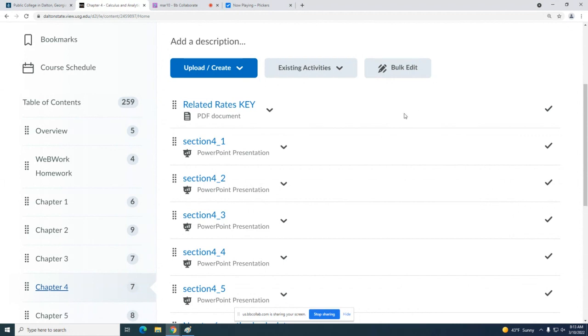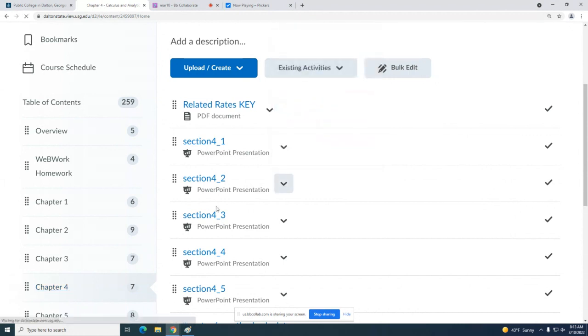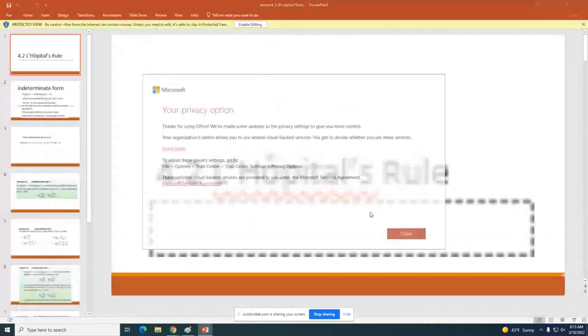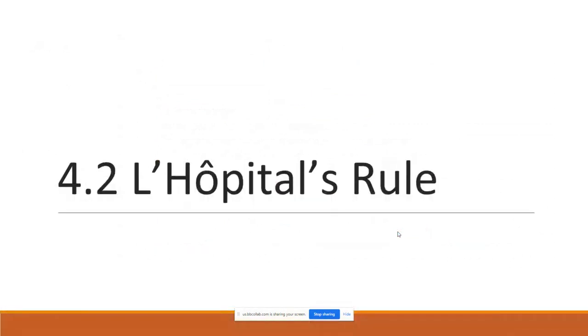So we're going to talk about section 2 today. 4.2. I think it's L'Hopital. The pronunciation is... I think it's French.